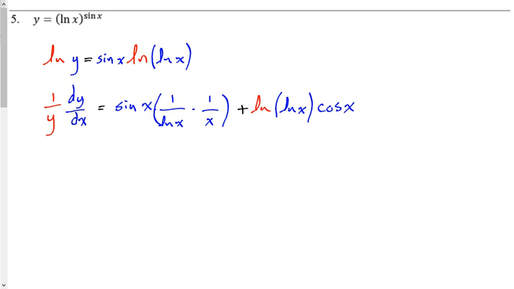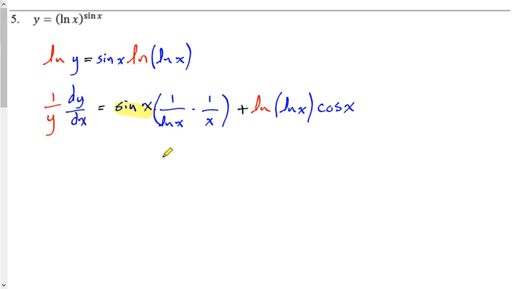So we have the first function, sine x, times the derivative of the second function. And when we do the derivative of the second function, we do 1 over the ln x, so that's the inside function unchanged, times the derivative of natural logarithm of x, which is 1 over x.